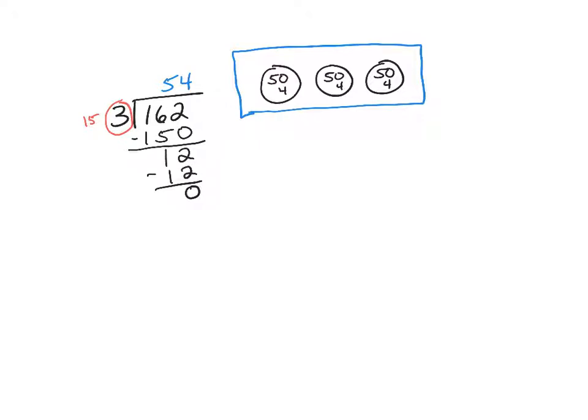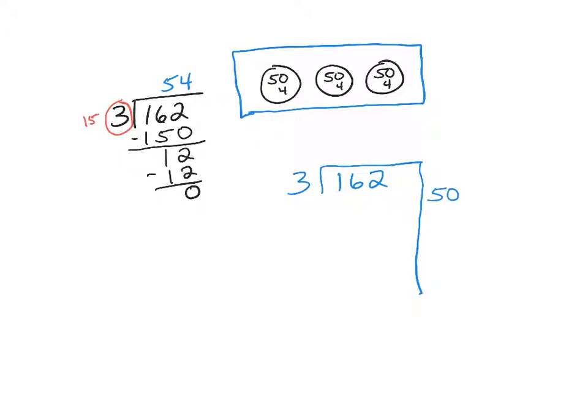Another way to go through and do this problem is similar to this. I'm going to do the same problem, but I'm going to do it another way. 162 divided by 3. And sometimes people say, well, once again, how many could go into every group? But instead of putting it into circles, they do what's known as the sidebar division. Well, I could put 50 into every group.